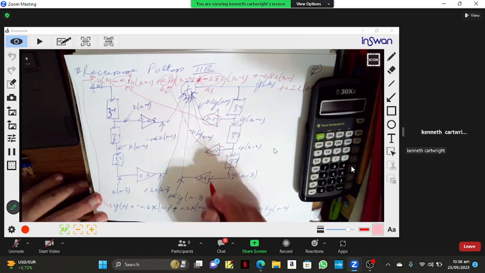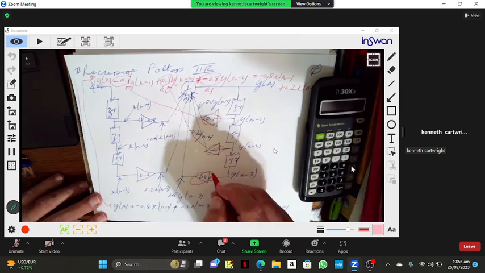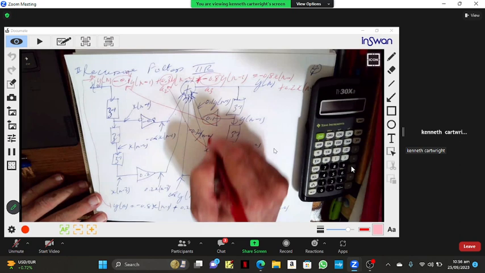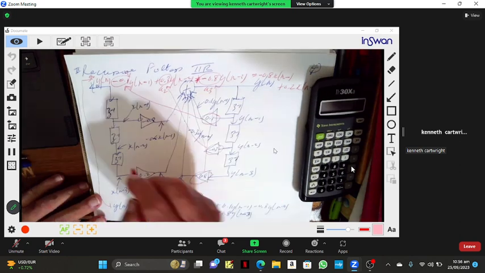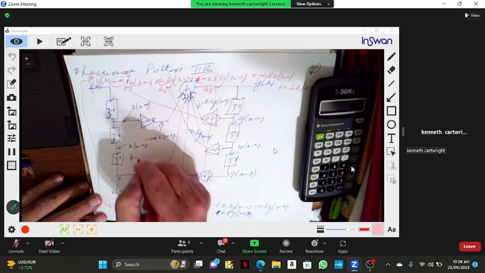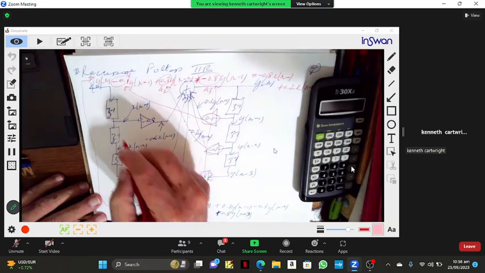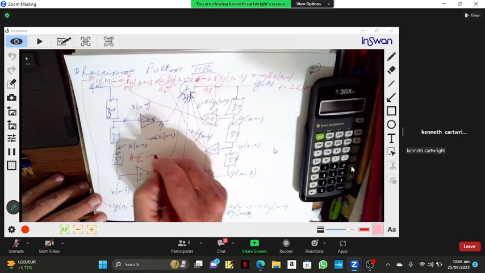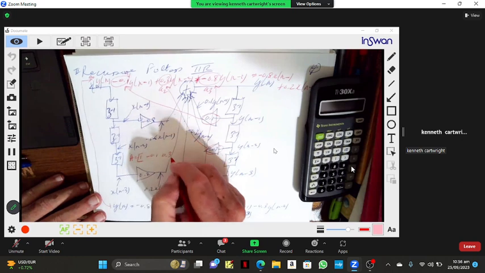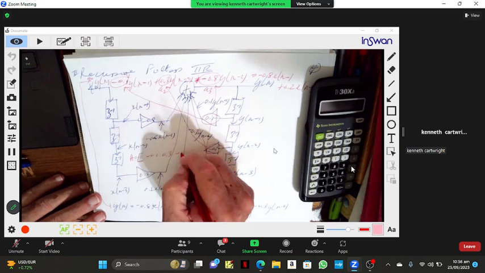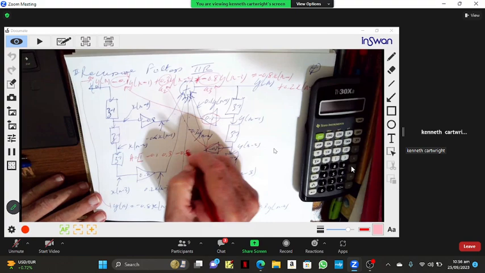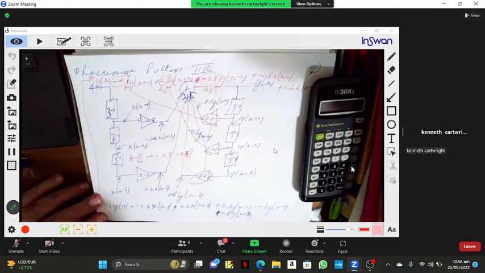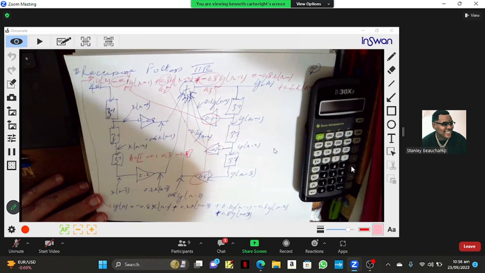What is this? That's negative A3. So the A vector is 1, negative 0.1, 0.3, negative 0.8. Mr. Buchap, did that answer your question? Yes, sir, I completely understand now. Okay.